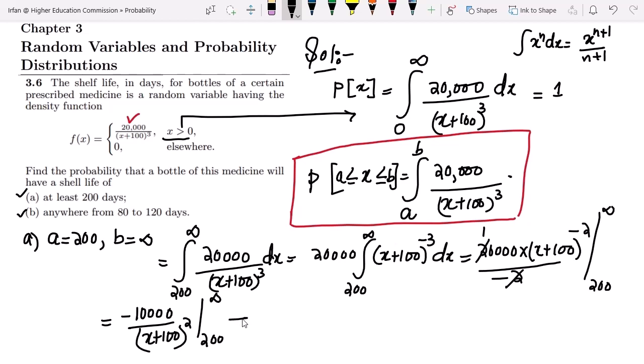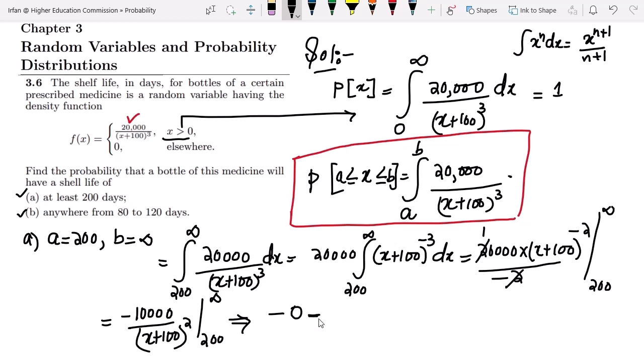Now let me write these values, and I have to first put in the higher limit. When I put in infinity, anything divided by infinity would be 0, so here I will get minus 0. Because 10,000 divided by infinity plus 100 would be infinity as well, so 10,000 divided by infinity is 0.